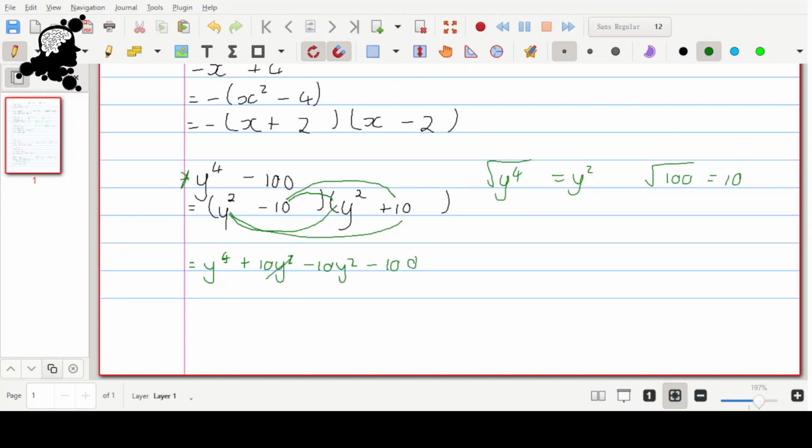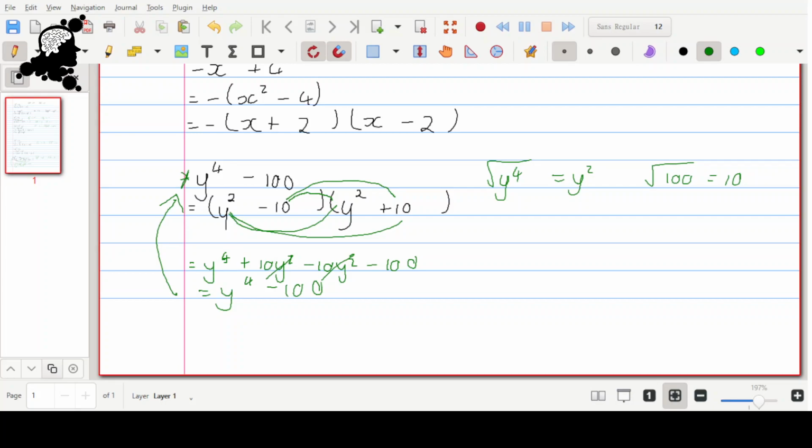We've got like terms, these are going to cancel out. You remain with y to the power 4 minus 100. And this is what we had initially in our expression. So therefore, our factorization is correct. If you don't understand how I did the multiplication out here, please check out our video on grade 10 products, and then you'll understand exactly how the multiplication process works here.